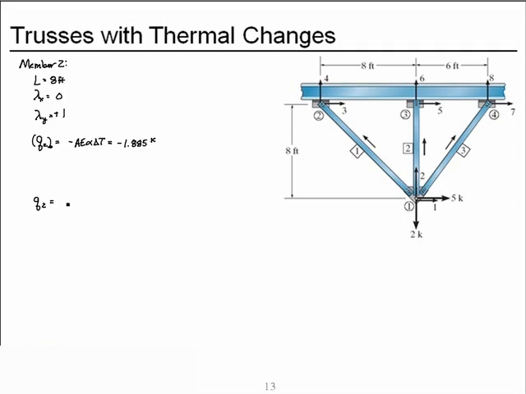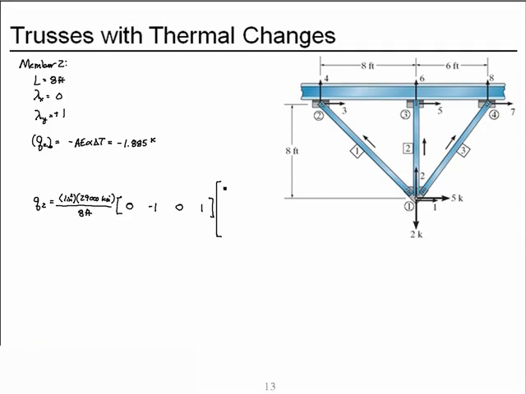So the force in member 2 is A E over L times minus lambda x, minus lambda y, positive lambda x and positive lambda y, times the displacements at degrees of freedom 1, 2, 5, and 6.